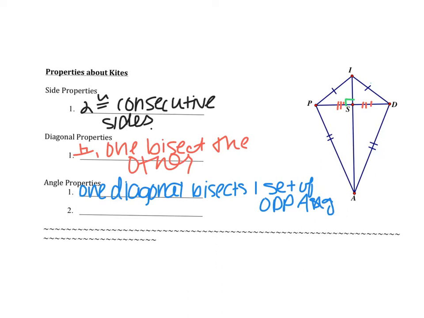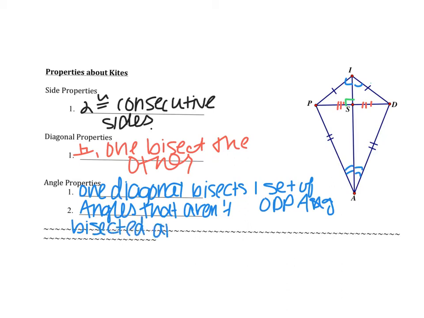If the diagonal did the bisecting of the other diagonal, that same diagonal is going to bisect the angles across from each other. And then the last one: the angles that don't get bisected are going to be congruent. So that means all of angle P is equal to all of angle D.